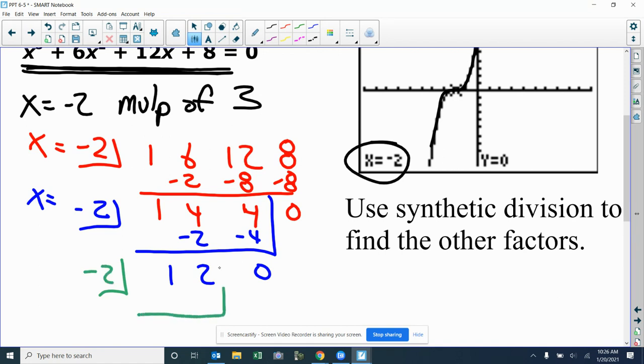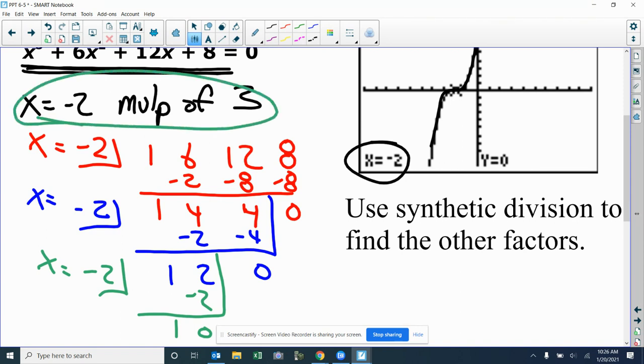Gonna use what's left over. 1 comes down, -2, boom. So what did this part do, the red, blue, and the green? It proved that my guess was right. It proved what I saw in my graph is true. X equals -2 with a multiplicity of 3.